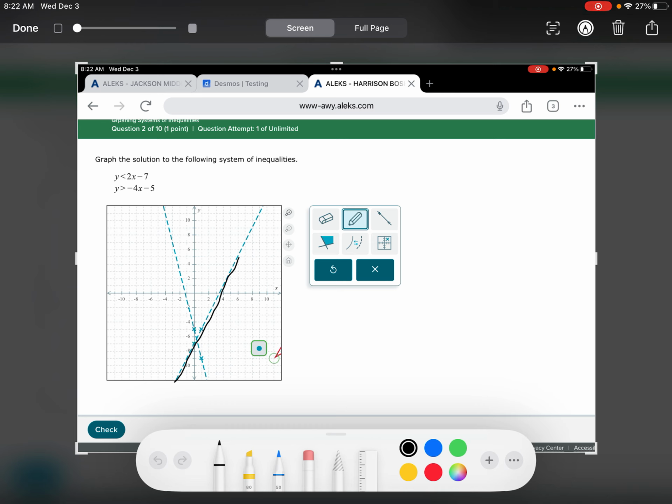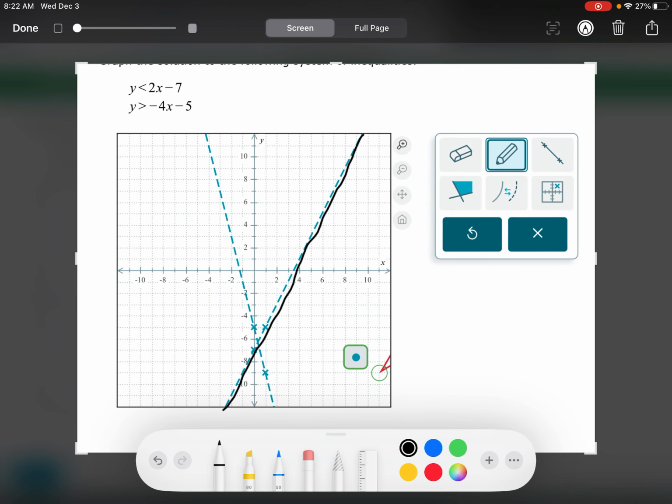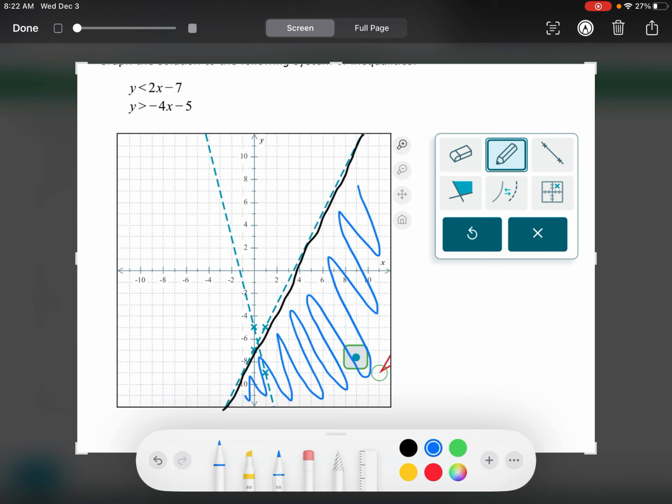So we're looking at this line first. That line said, and let me zoom in a little bit, there we go, that y is less than. So remember that less than means that we're going to shade below the line. So all of this area below the line can be blue. So this whole section.